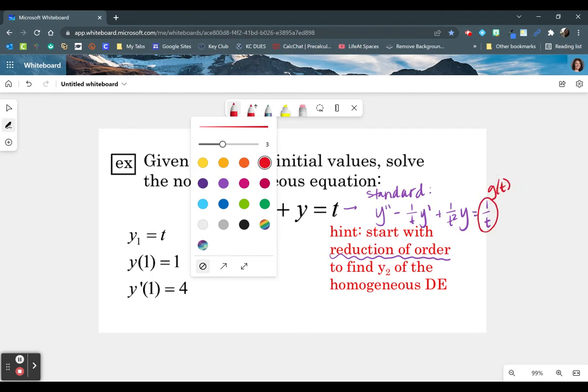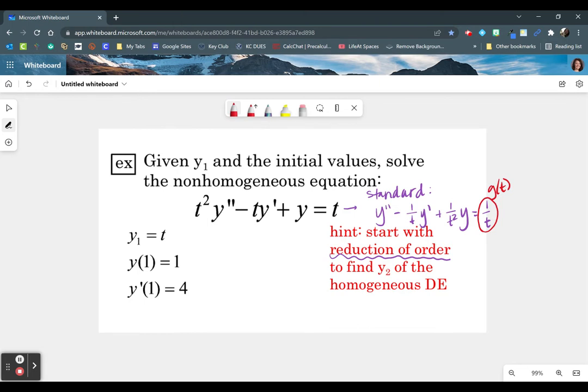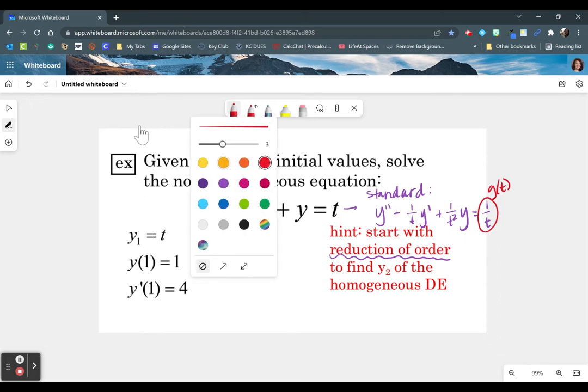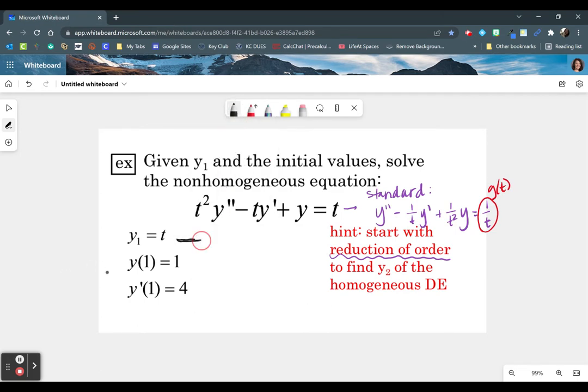So this is part of why we're using reduction of order and going through to find y sub 2. So we're going to start with the homogeneous portion of this, and then we're going to get to the non-homogeneous portion. So let me go back to black ink here, and let's say that because I know that y sub 1 is equal to t, that means that y sub 2 is equal to some function u times t.